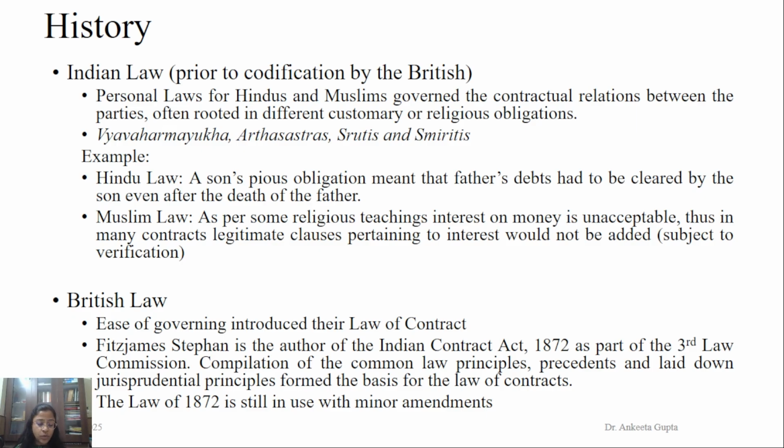You want a product, you identify it on the app, you order it, and either you pay for it there and then, so you are prepaying, and then the product gets delivered to your home or office, or you say, no, I want to do cash on delivery. So somebody will come with that product and deliver it to you, and it will not be delivered till you make the payment. So this is a contract.